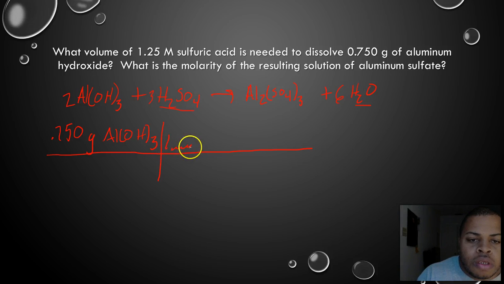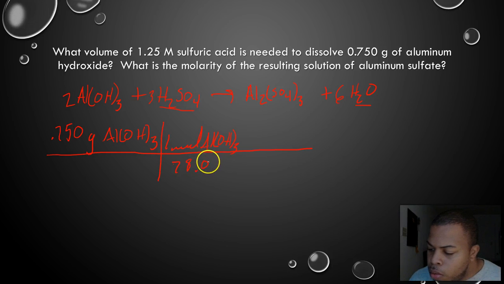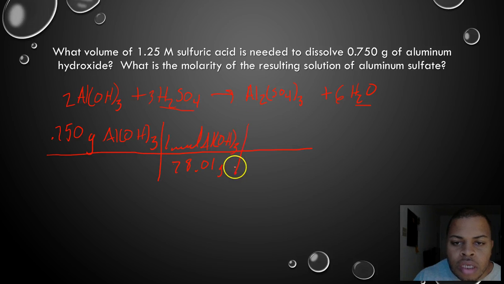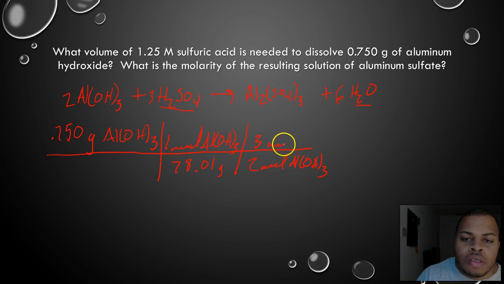So 1 mole of aluminum hydroxide, Al(OH)3, has a mass of 78.01 grams. Okay. Mole ratio is 2 moles of aluminum hydroxide to 3 moles H2SO4.